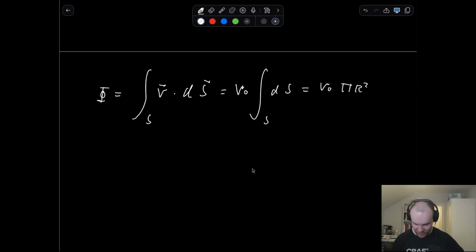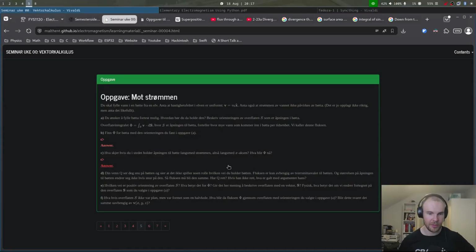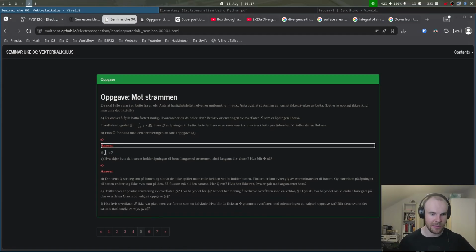That's just the answer, the area of the surface. Then they just did vS, but it's the same idea.